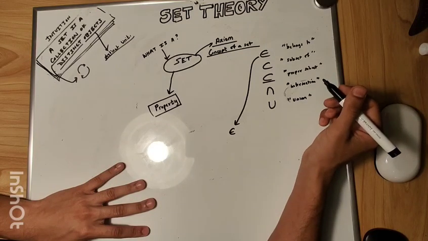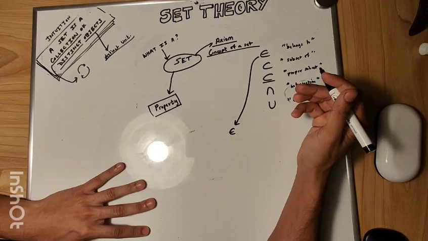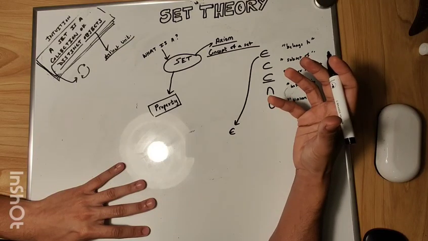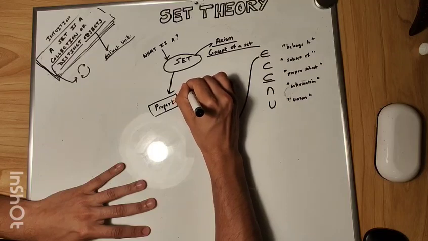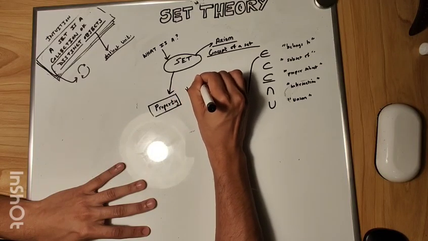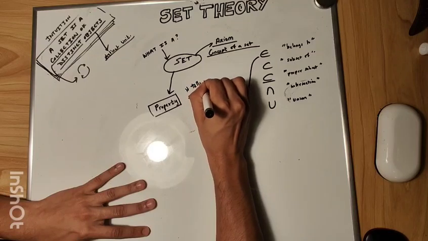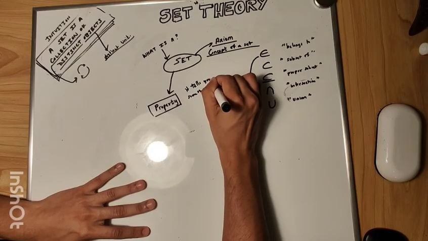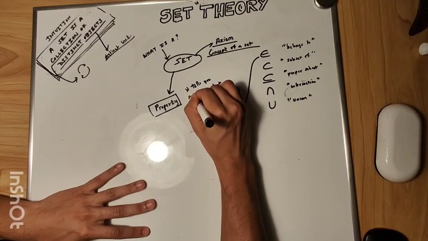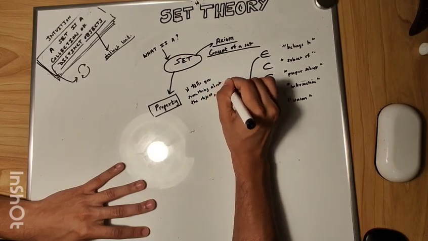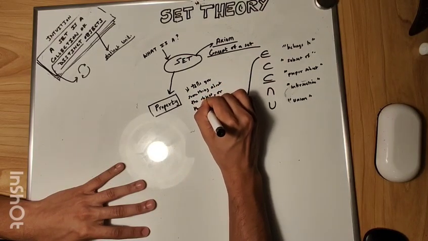A property is basically a constraint. It tells you something about the object or the group of objects.